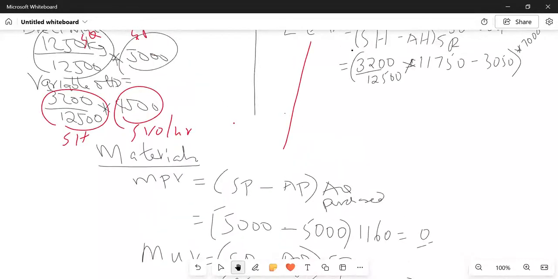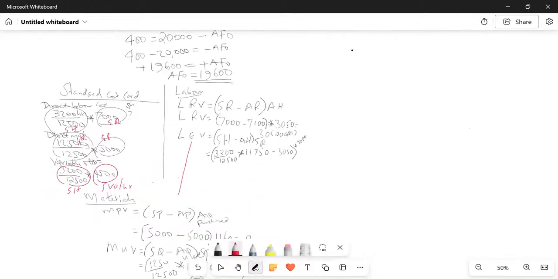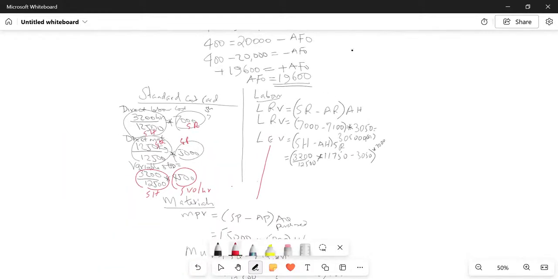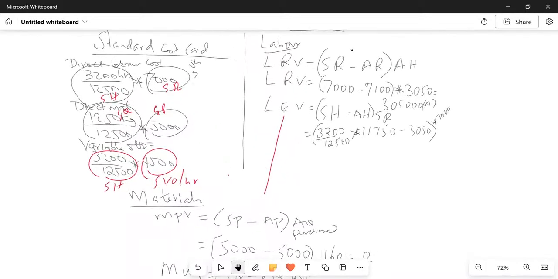Yes, these ones are the standard hours. That's 3,200 over 12,500.